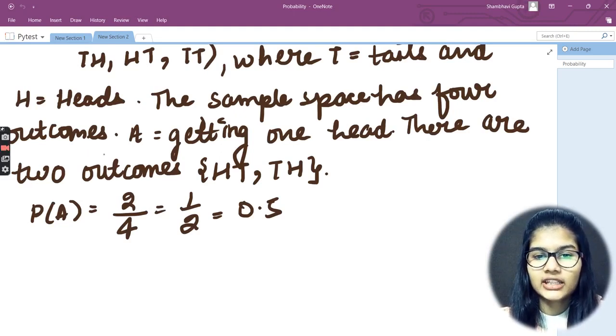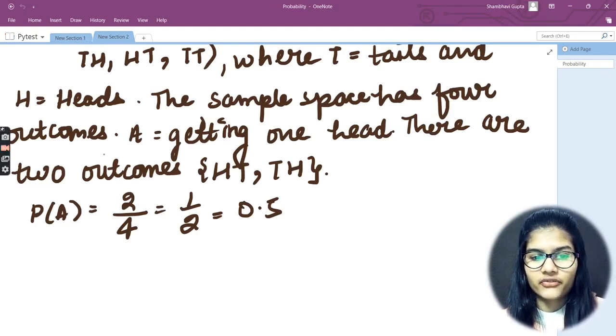And A will be getting 1 head. So in that case, there will be now 2 outcomes, that is head tail and tail head, because these are the only 2 outcomes in which one head is occurring. So I just wrote both of those, and then the probability of A is 2 by 4, that is equal to, if I cancel that out, 1 by 2.